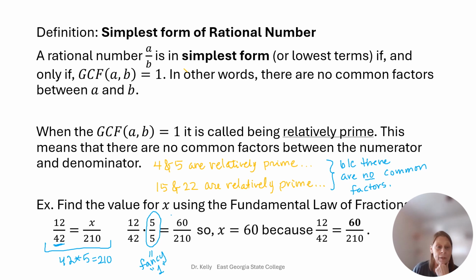But that gave me 60 over 210, so I was able to surmise that x was equal to 60 because x was originally over the 210, and I was able to change the equation using the fundamental law of fractions to turn it into that equation. So we were able to say that the answer was 60.